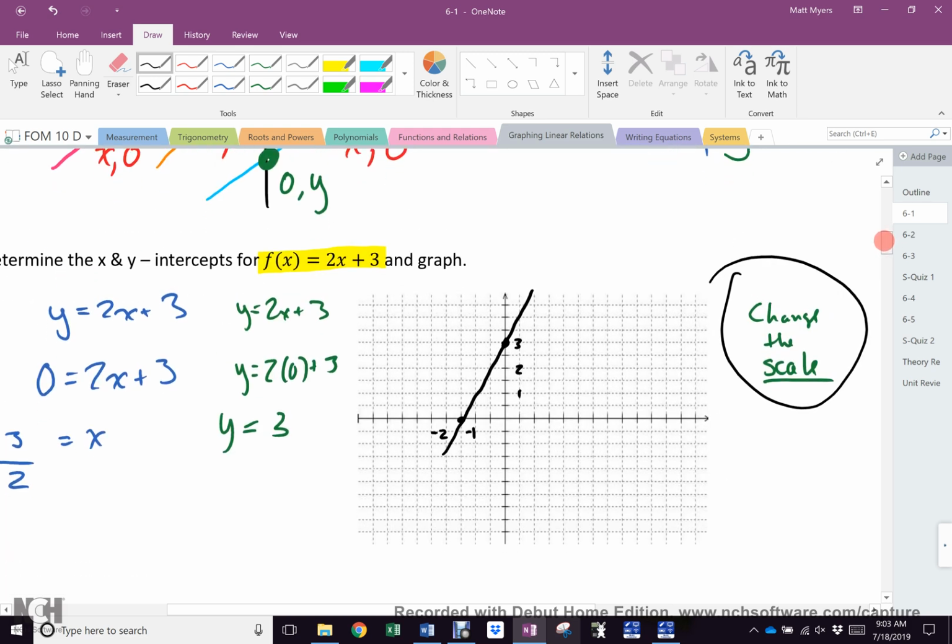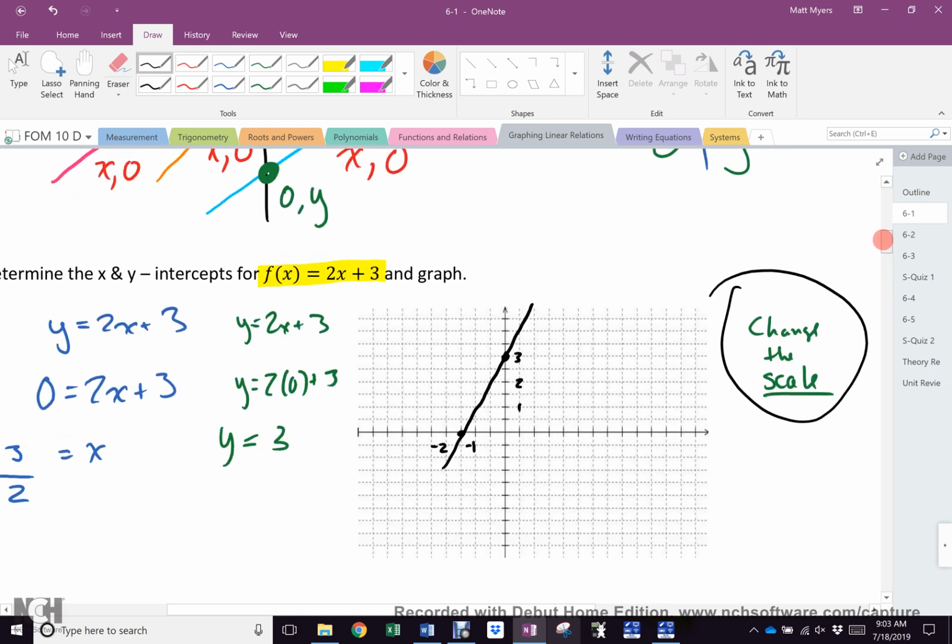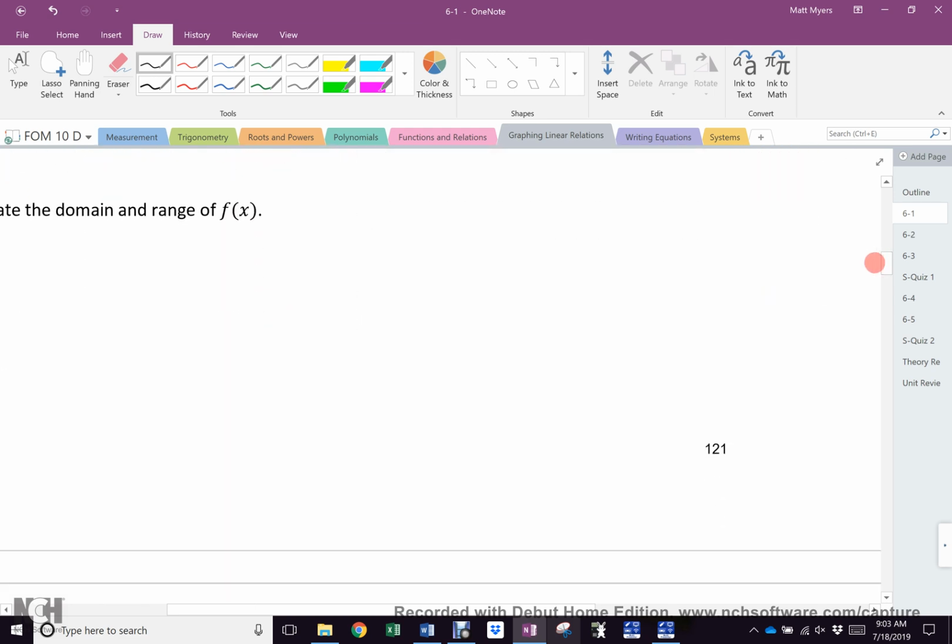I'm going to leave it zoomed in this big because we're going to be doing graphing. Real quick reminder of stuff from the last unit because you haven't written your tests on it yet. What's the domain and range? Everything. Of which? Both. Because can I take every single x in the universe, multiply by 2, and add 3?